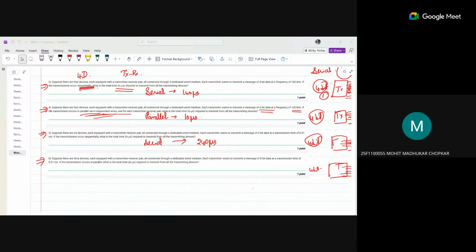So we had to find it in microseconds. Okay, in milliseconds. I think the answer for this one question in the practice assignment is wrong. You can double check it. But this is a parallel communication, right? They given parallel.